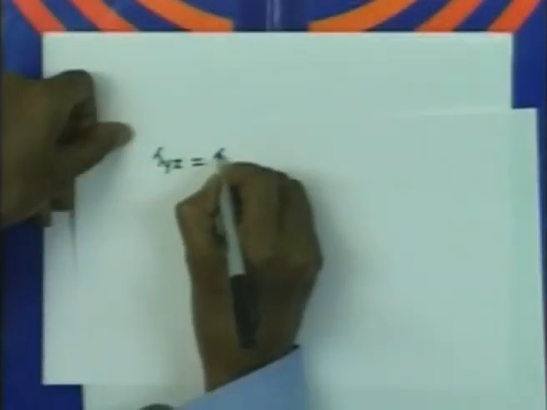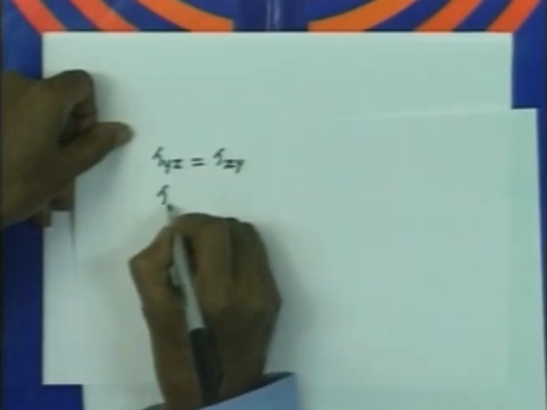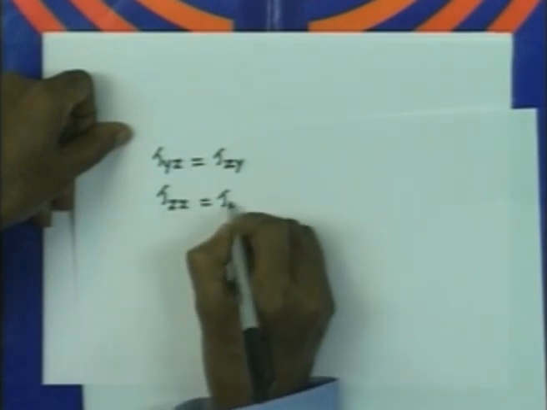So, if we extend this consideration to 3 dimensions, you will find that we will have tau yz is equal to tau zy. Similarly, tau zx is equal to tau xz.